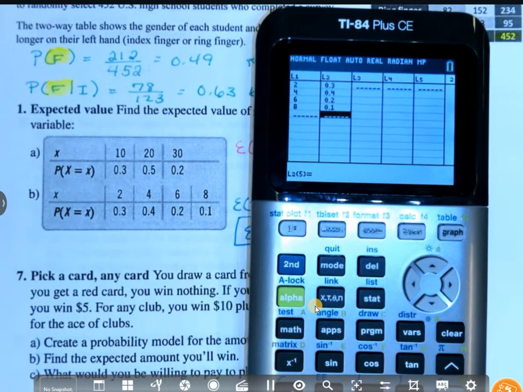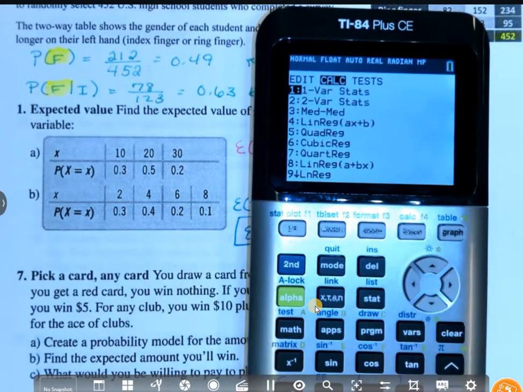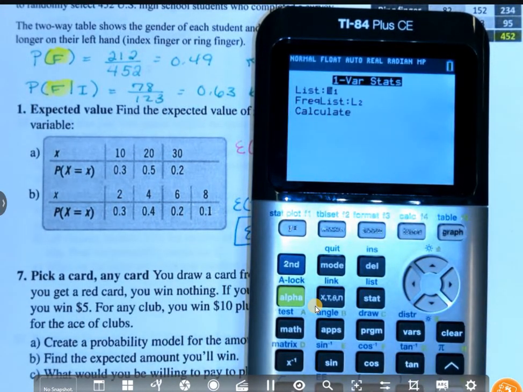Now, before, when I asked you to calculate mean and standard deviation off of a basic list, what would you do? Stat, calc, 1var stats. Guess what we're doing here? Stat, calc, 1var stats. Same exact thing.